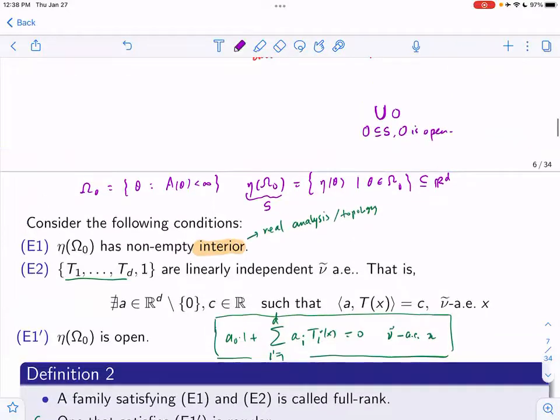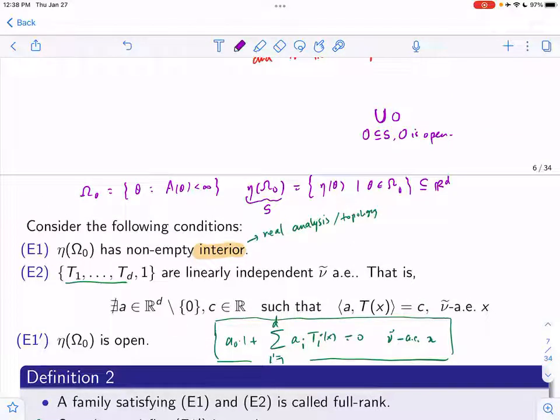All the open sets that are inside a set. So you can say that this is the interior of S. Another way of saying it is the largest open set that is inside S, or a subset of S.